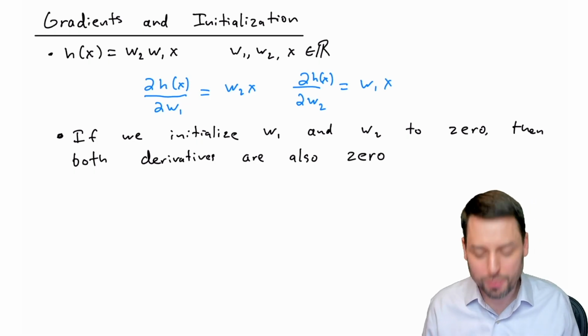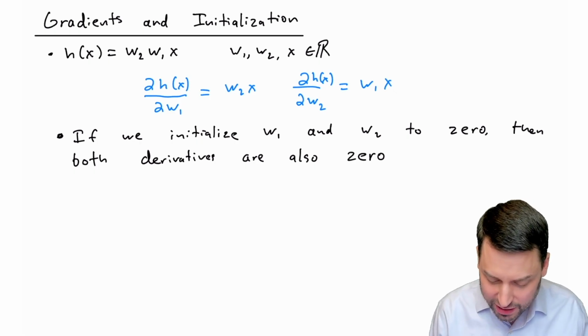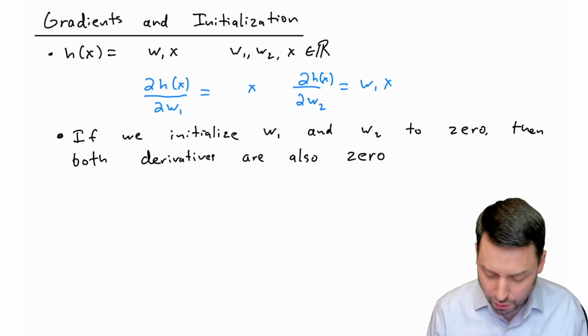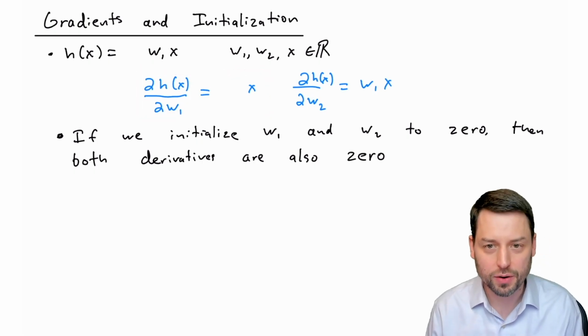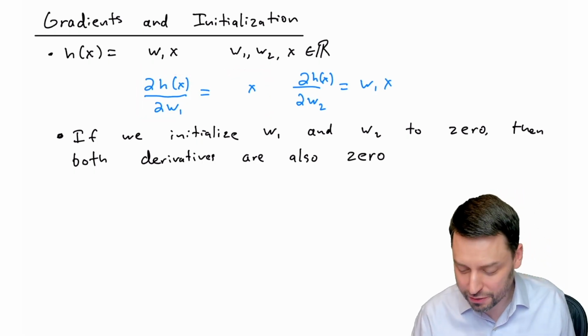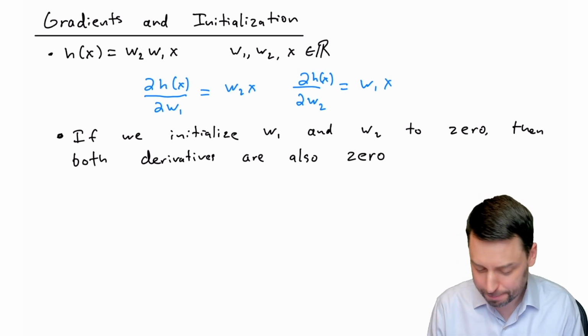I'll just also make the point here that if we didn't have W2 there, then obviously this gradient here would just be x, and so that would be non-zero whenever x was non-zero, right? But having those two sets of parameters makes this quite a bit trickier.